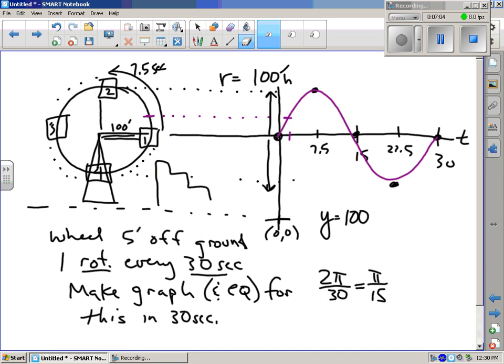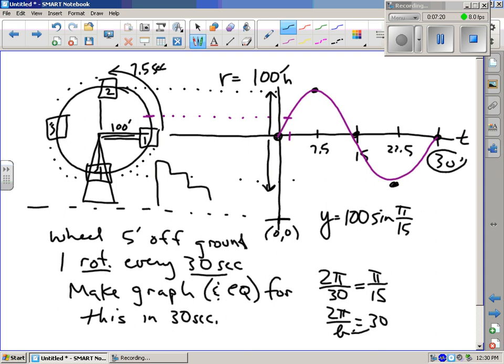Okay, because it's a sine wave. And then pi over 15 is the b because the period is 30 and you do 2 pi over b. Yeah, I should really do it this way. 2 pi over b equals 30, and then you can switch those two. That's how I got this.